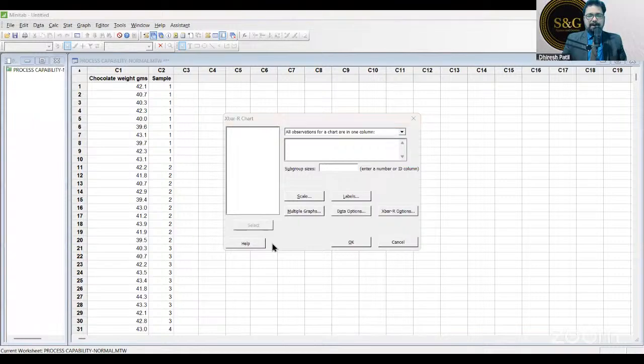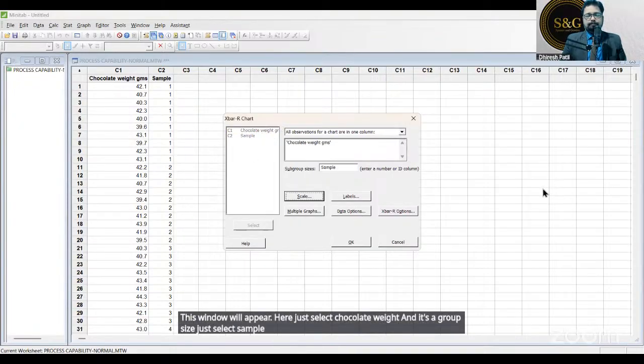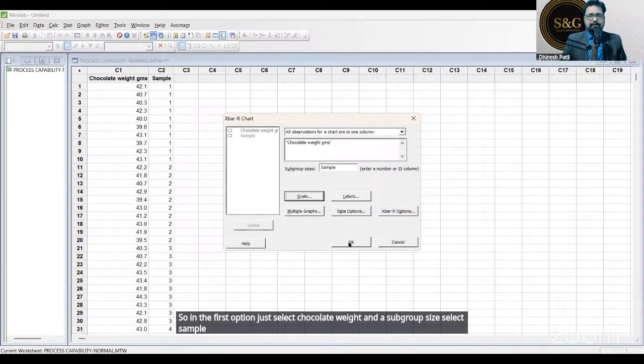This window will appear. Here, in the first option, just select chocolate weight, and for the subgroup size, select sample, and say OK. That's it. Don't do anything else.